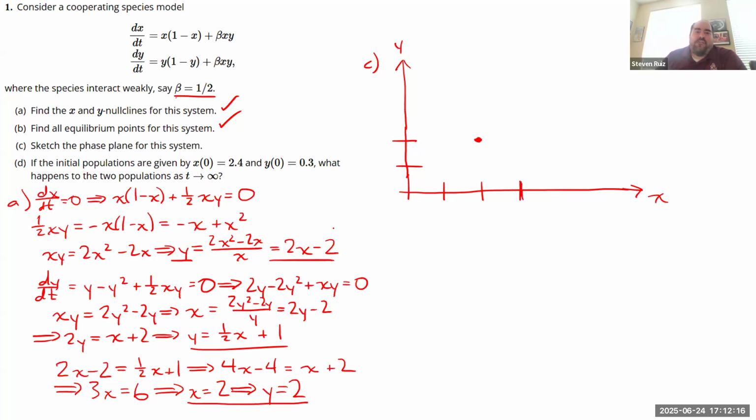If x equals 1, then what does that say about d... Oh, sorry, x equals 1, y equals 1. Then what does that say about dx/dt? I get 1 times (1 minus 1) plus 1/2 times 1 times 1.